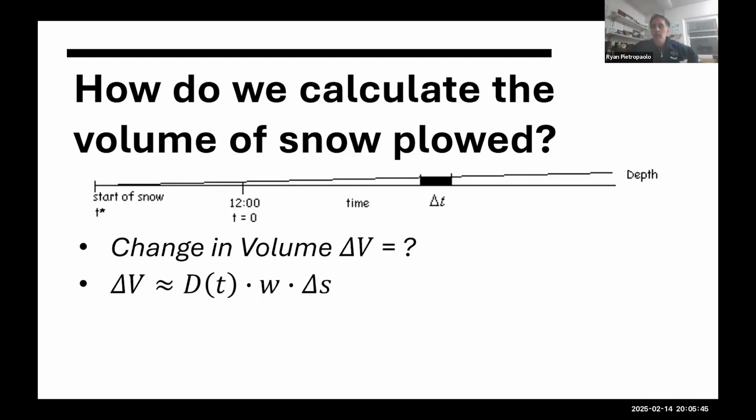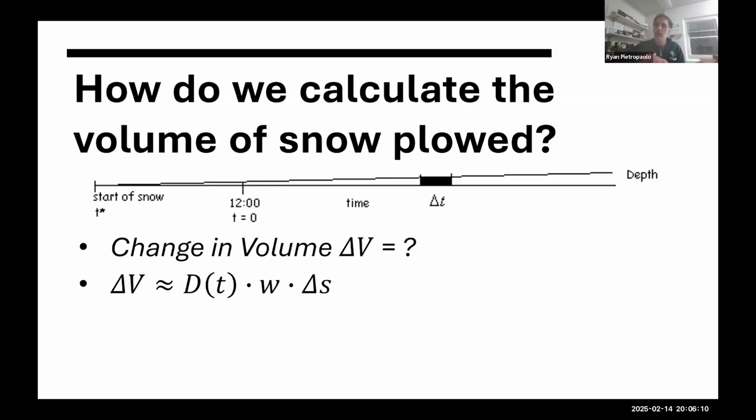So the change in volume, you think of this as kind of like a three-dimensional cube or a block of snow, if you will, where we have the depth, that's the height of the snow. We have the width, which is the width of the snowplow. And then our change in S is our change in distance over that small time interval. You can imagine that's the volume of the snow that was pushed out of the way over that small time interval, right?